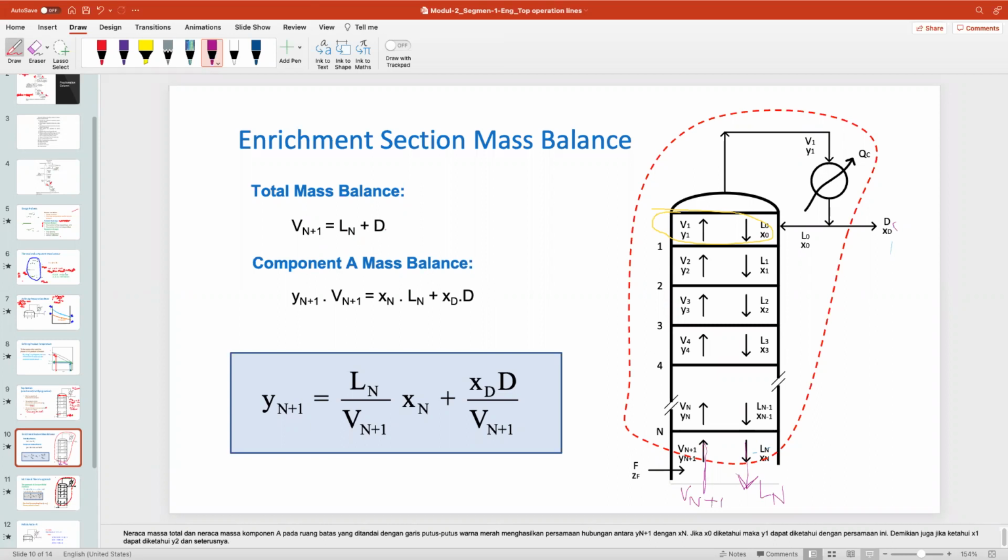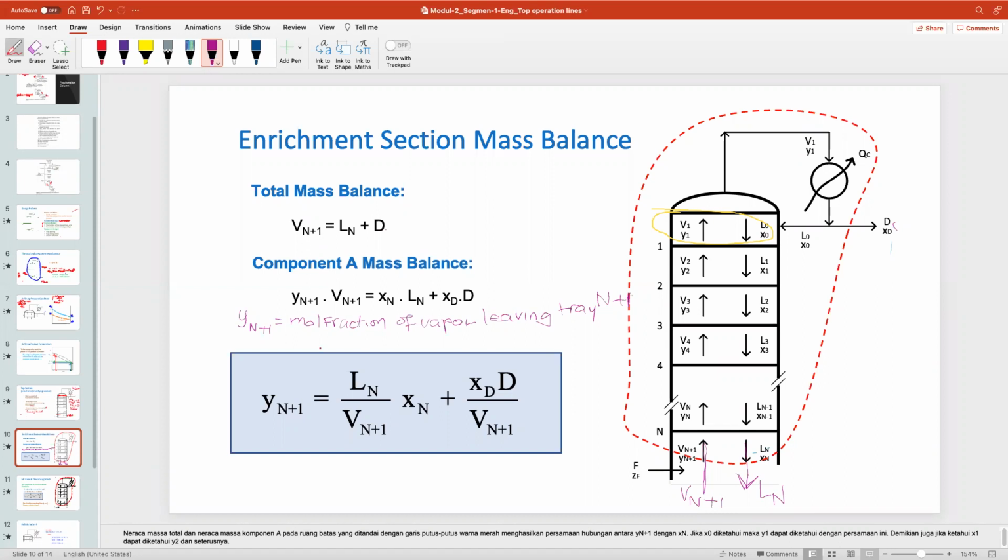Yn plus 1 is the mole fraction of vapor leaving tray n plus 1.